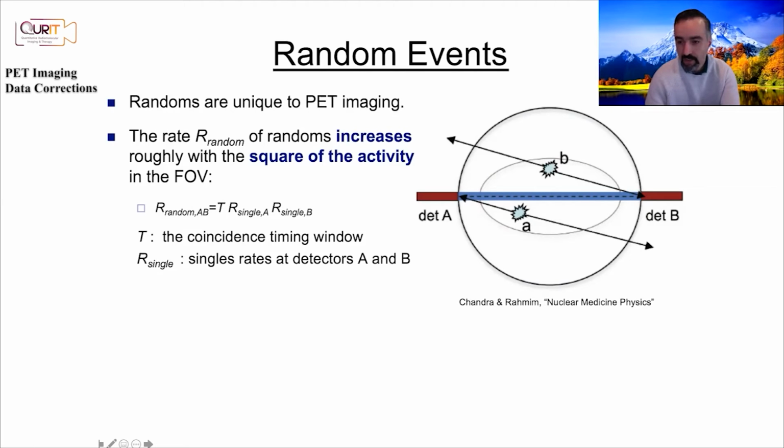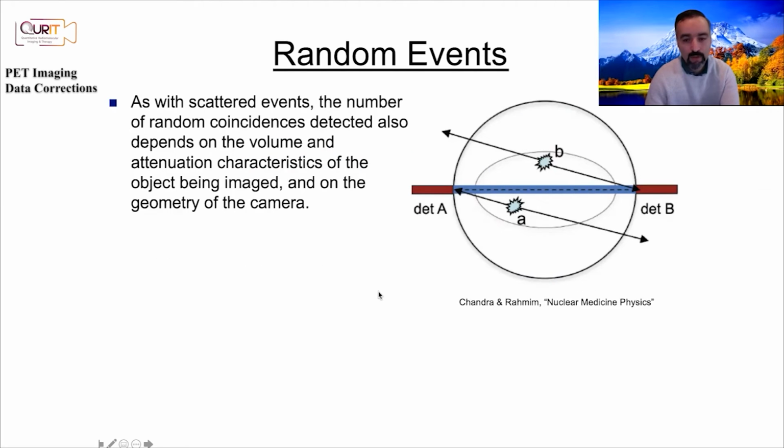Yeah. So as with scatter events, the number of random coincidences detected also depends on the volume and the attenuation characteristics, because it depends on the singles and how much you get singles, depends on all these phenomena. You could even get singles from outside of the body, right? Let's say you're imaging your chest, but you got radioactivity from your legs entering the field of view.